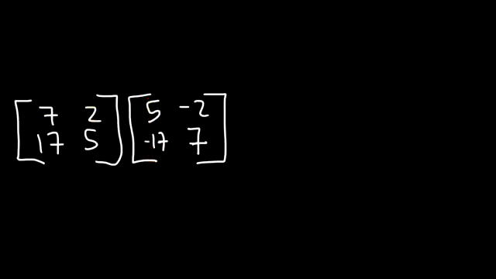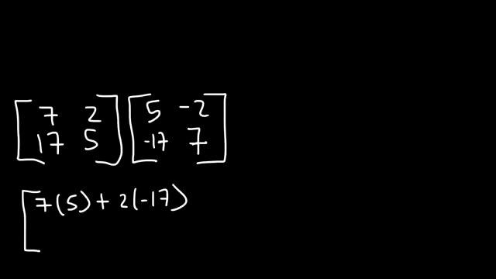And we're going to place that answer in the first row, first column. So it's going to be 7 times 5 plus 2 times negative 17. And then row 1 times column 2. So that's going to be 7 times negative 2 plus 2 times 7.